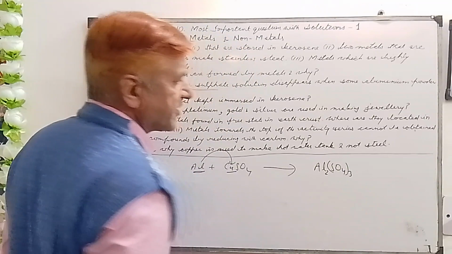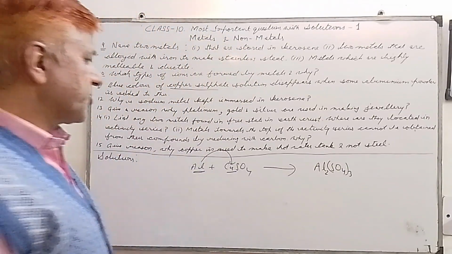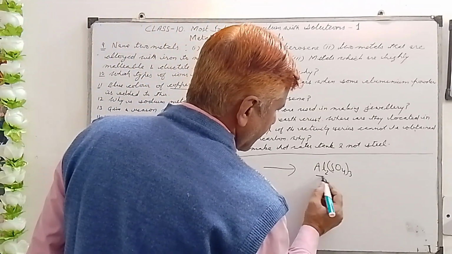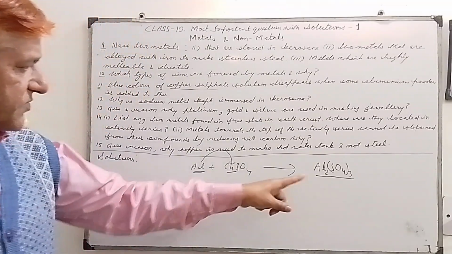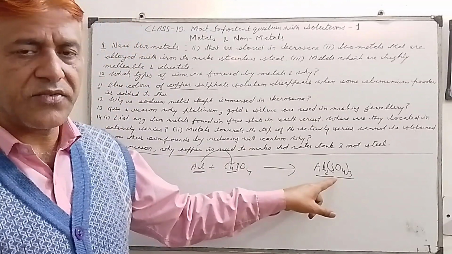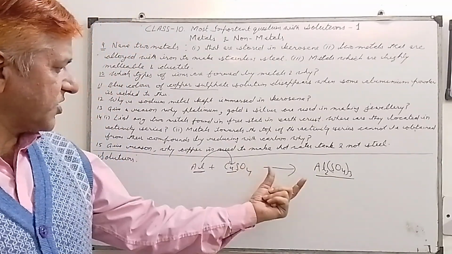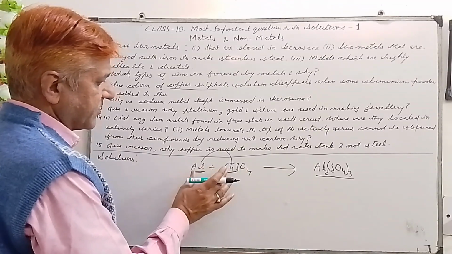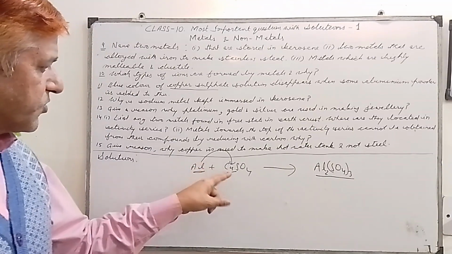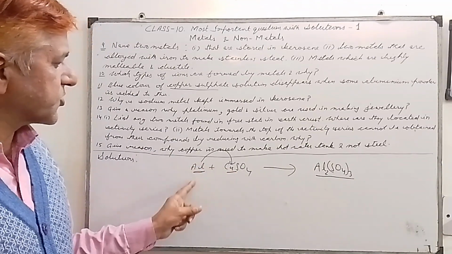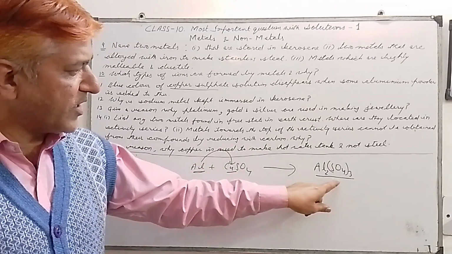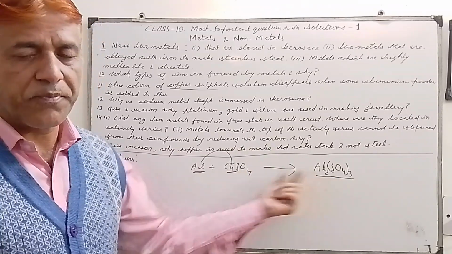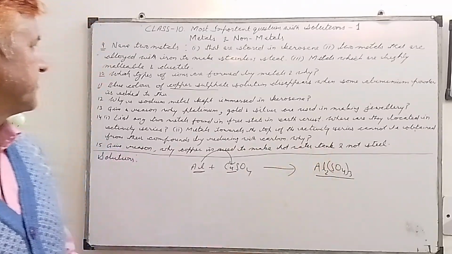Its color is not blue; its color is generally white. So when aluminium powder is added to copper sulfate solution, due to the formation of aluminium sulfate, the blue color of copper sulfate solution disappears.